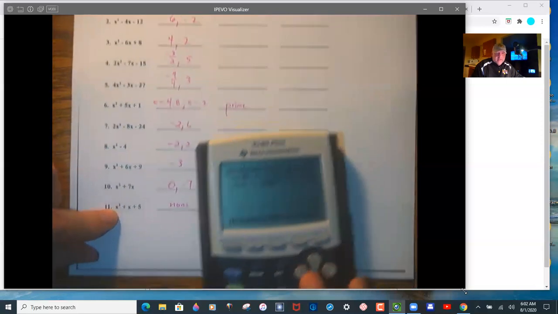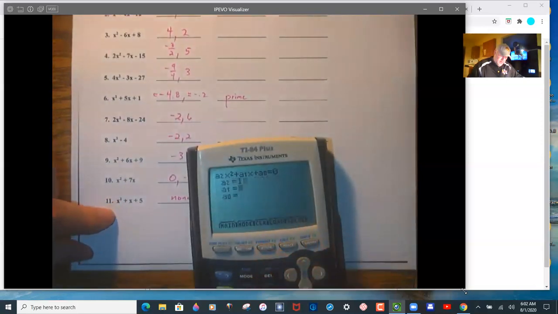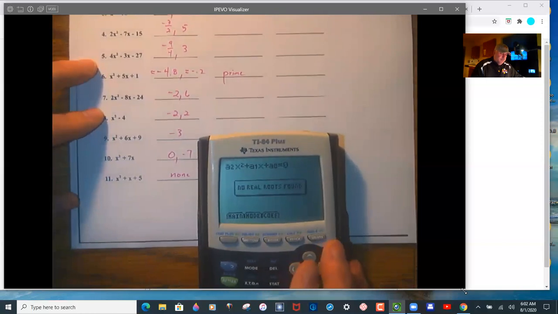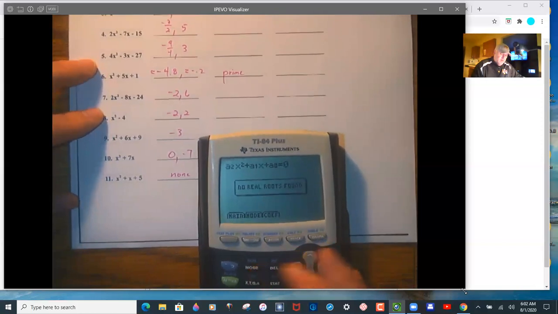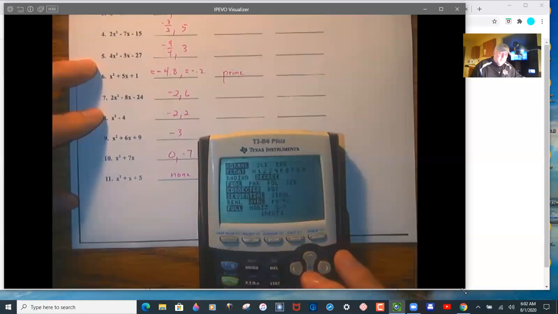The other one that presents difficulties is 11. This would be one with no X-intercepts, when you're looking at the no real roots found. Or it might give you, so in your mode, you want to make sure, okay, I guess it's the other one.